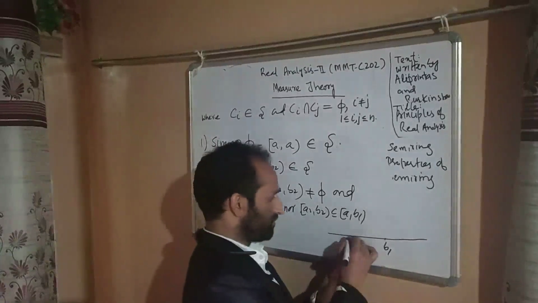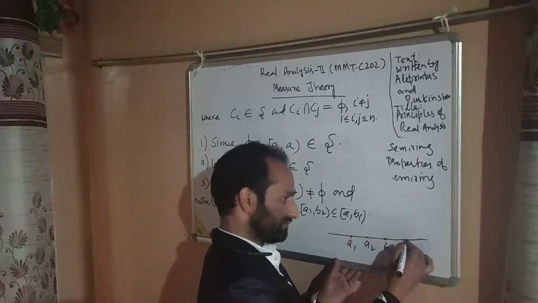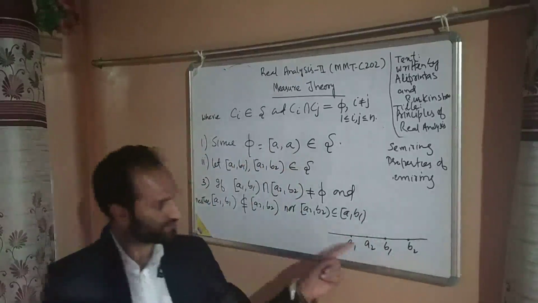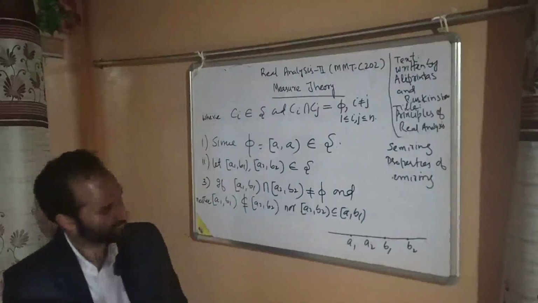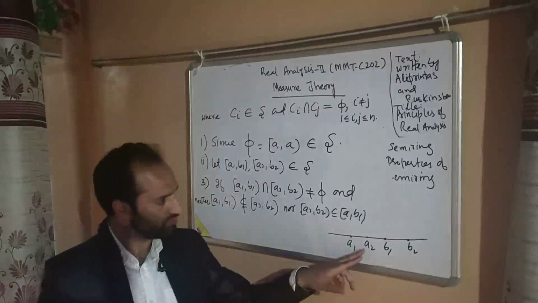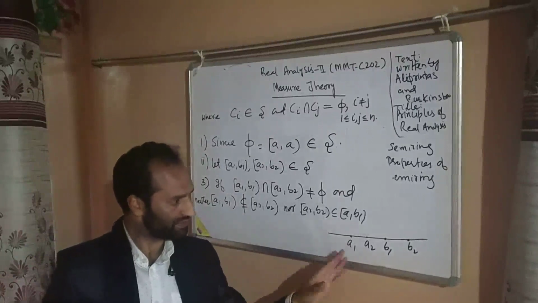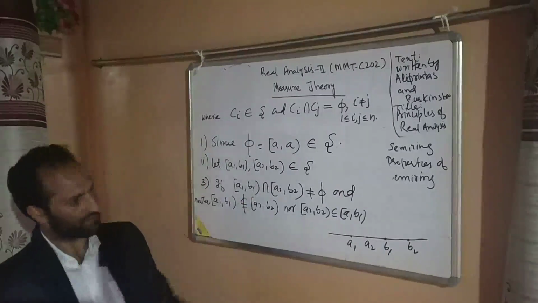A1, B1 must be somewhere here, and A2, B2 must be here. B2 cannot be less than B1, because in case B2 is less than B1, then A2, B2 is a subset of A1, B1, which is not the case. And again, A2 cannot be less than A1, because if that happens, then A1, B1 must be a subset of A2, B2, which is again not the case.